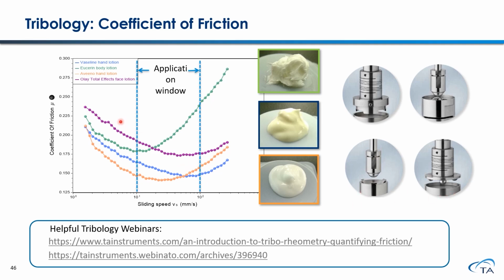Here is a case study of measuring the coefficient of friction of 4 different kinds of lotion samples on the surface of skin. If anyone is interested in this topic, we have 2 very helpful tribology webinars on the TA Instruments website. Please consider logging on to our website and taking those webinars.